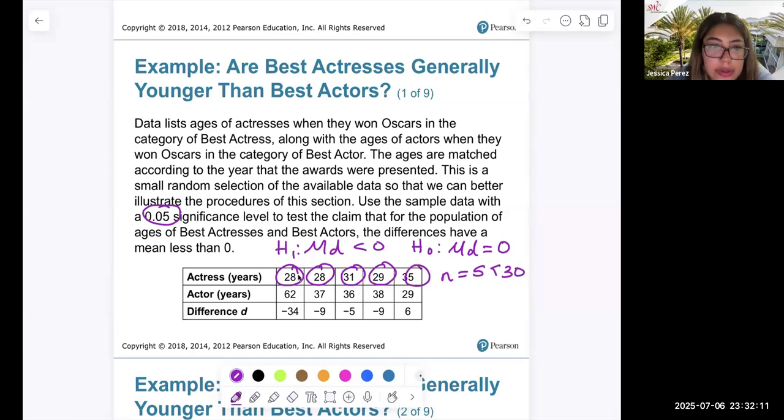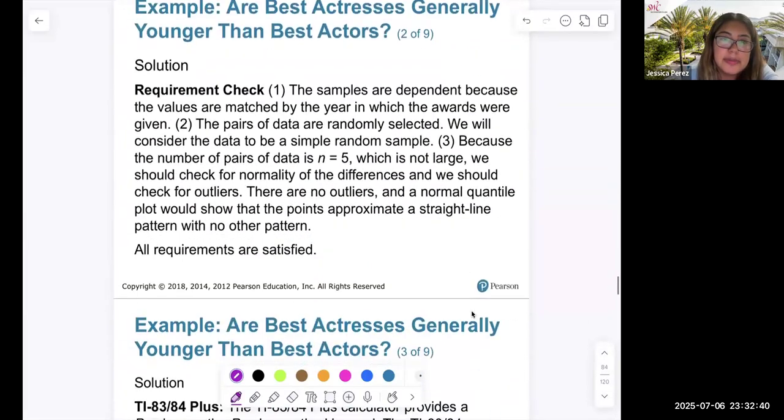Well, if we look at the actresses and actors, we can identify that they do have a relationship and that it's approximately normally distributed. So we found H0 and H1. We know that n is 5. Now we notice that there are five differences, and we have to find the mean of those differences.